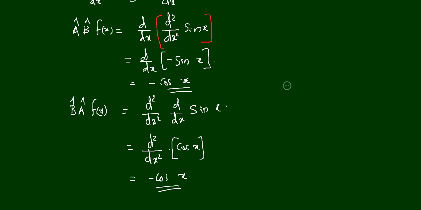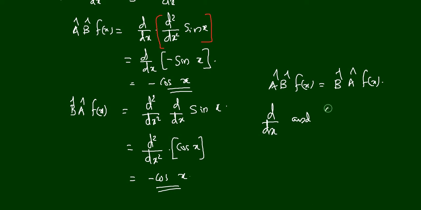It means that A B f(x) is equal to B A f(x). It means that A and B are commutative. So in this case d/dx and d²/dx² are commutative operators.